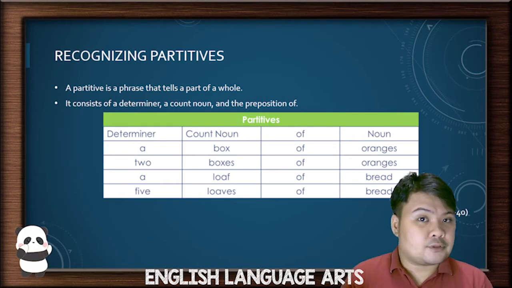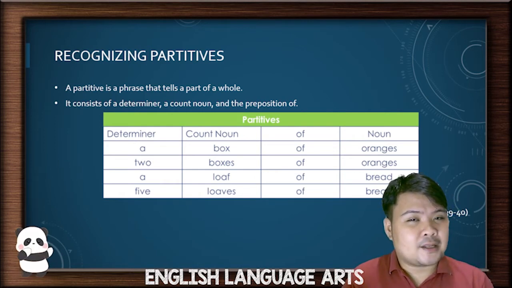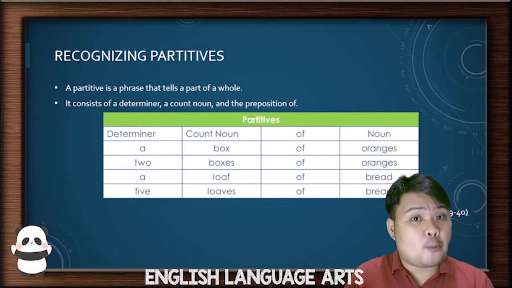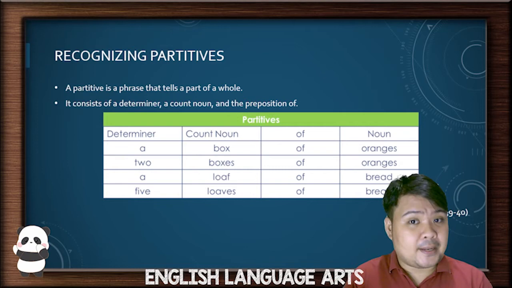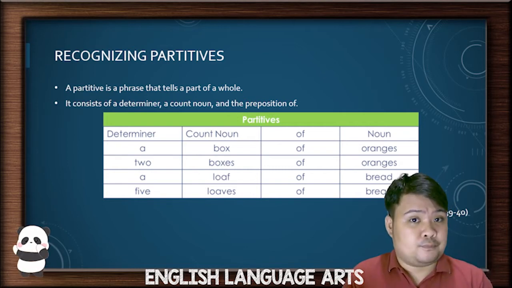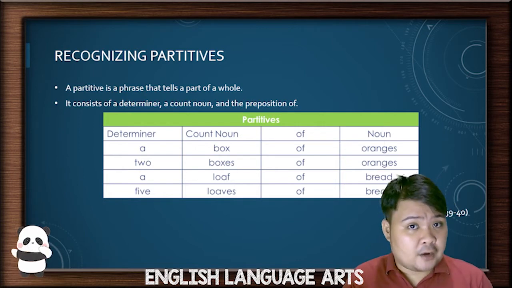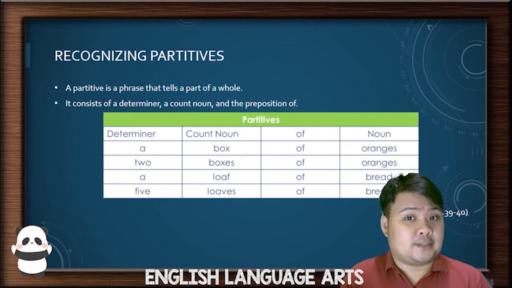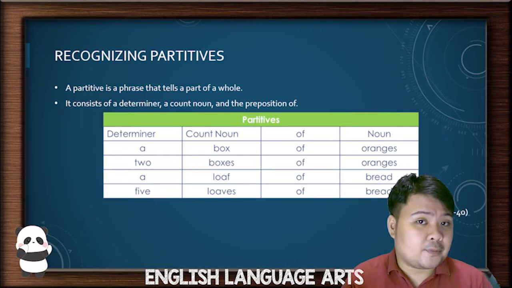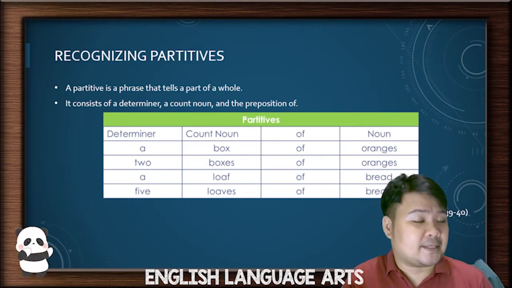Count nouns are words that indicate how many you are talking about for a certain mass noun. You have the preposition of to connect the mass noun with it. And of course, you would have the mass noun.